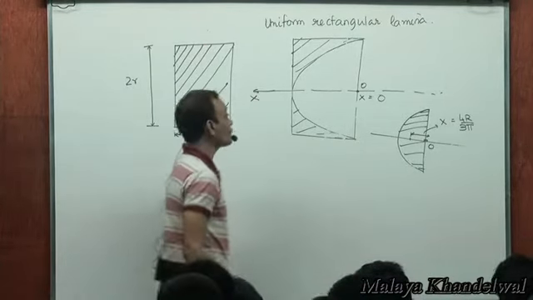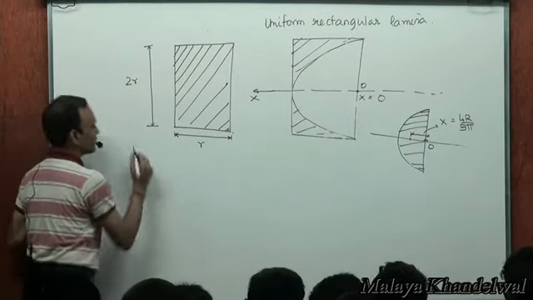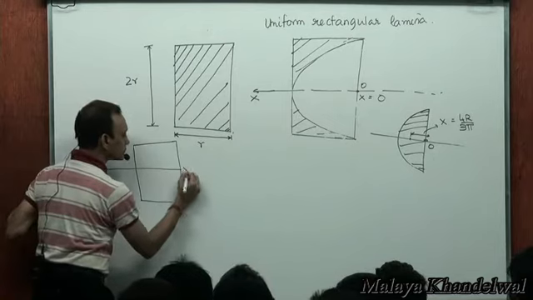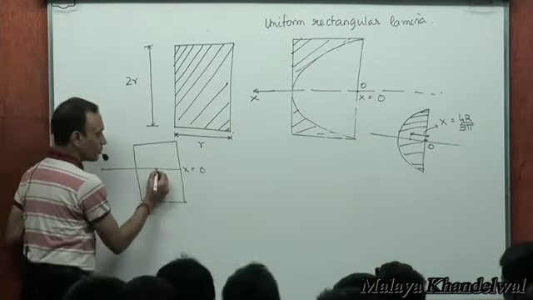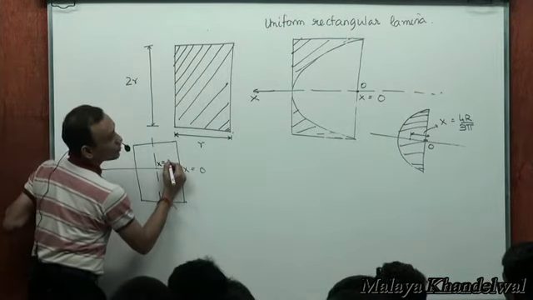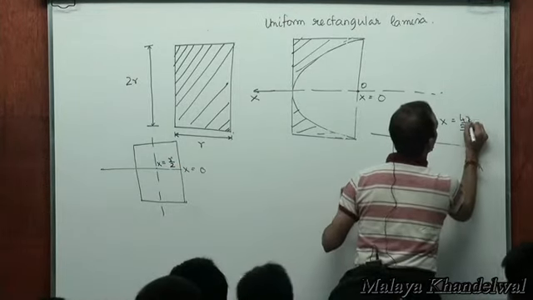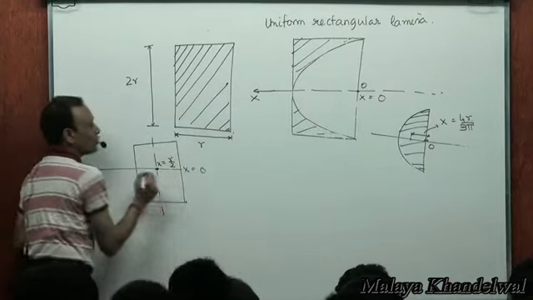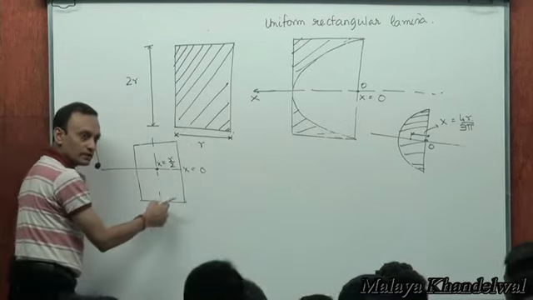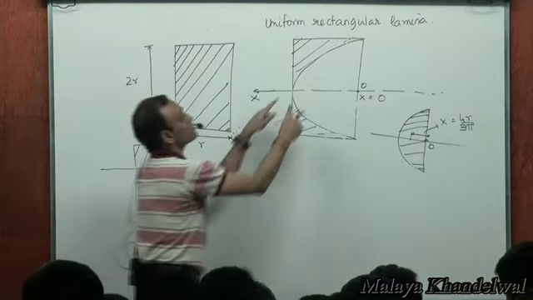Right. And for the original rectangle, this is x equal to 0. Halfway here, that means at x equal to r by 2, small r, I've used small r. At x equal to r by 2 was the center of mass of the original rectangular lamina. Yes or no? I want to find the x coordinate of the center of mass of this arrangement.